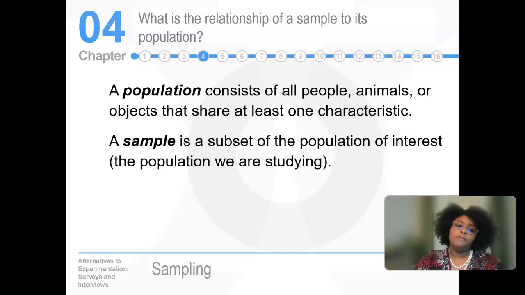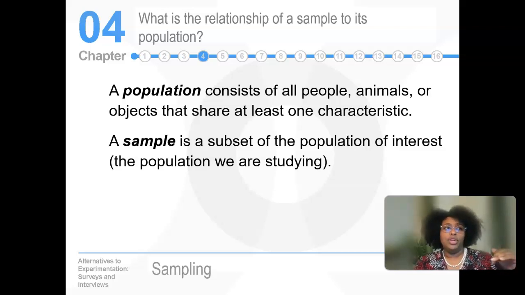conceptual definitions. So your population consists of all of the people, all of the animals, or all of the objects that share one characteristic. So if I am looking at a particular population, say a particular ethnicity, then I would look at everyone in the general population that applies to that ethnicity.